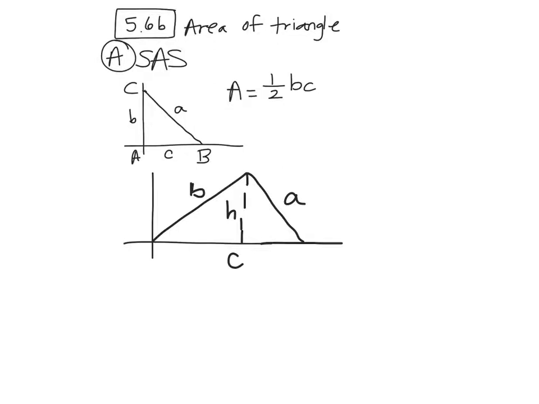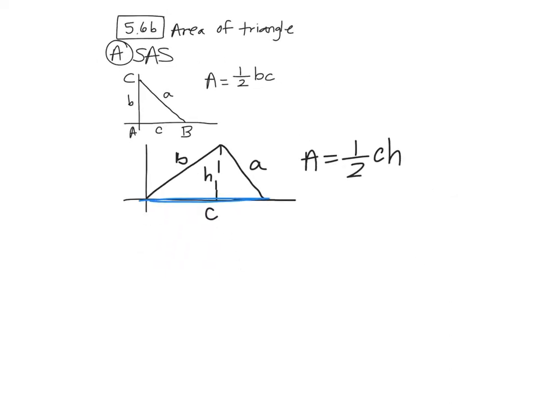So area is still 1/2 base times height. So in this case, the base is C, and the height is H. But we're not given the height. We don't know what the height is of this triangle. But what we can do is this. See this angle A over here?